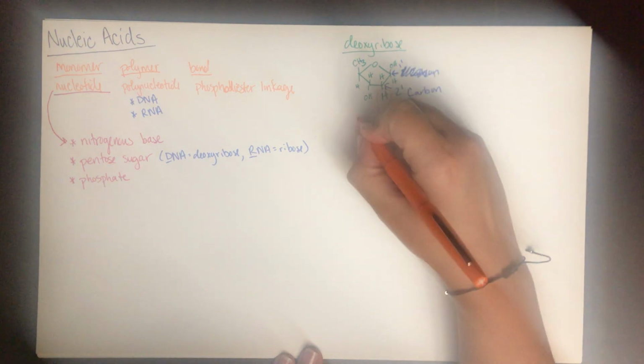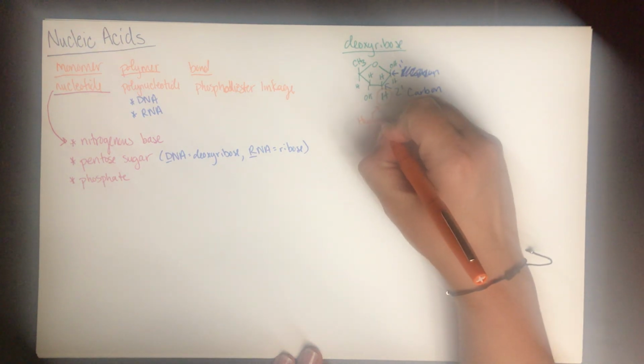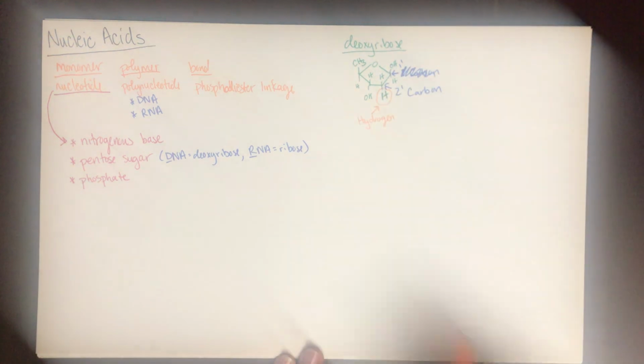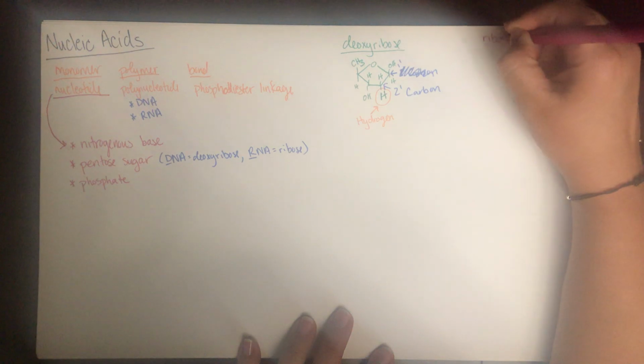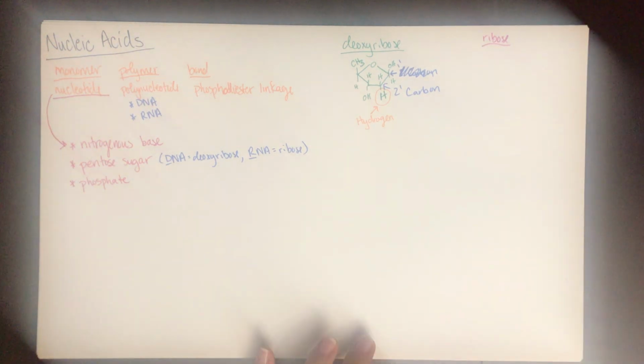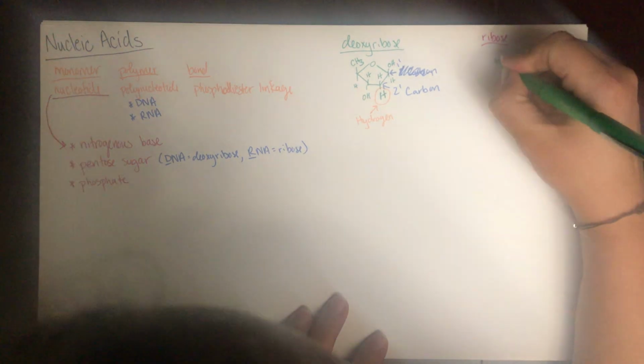Deoxyribose just has a hydrogen at the 2' carbon. Ribose has a hydroxyl group at the 2' carbon.